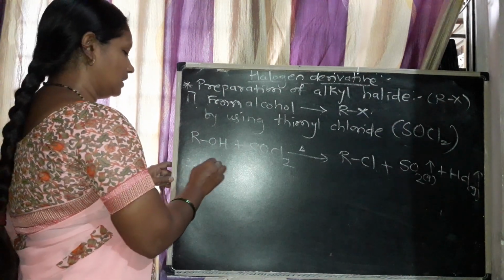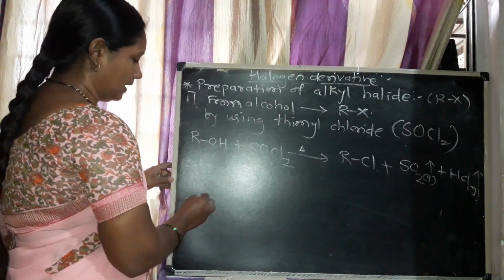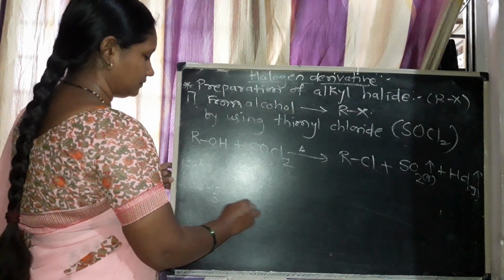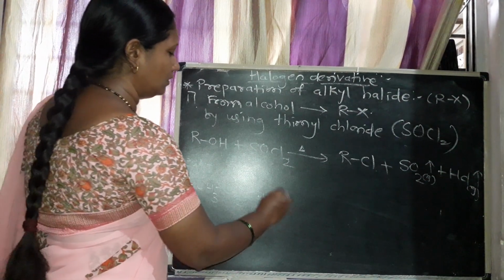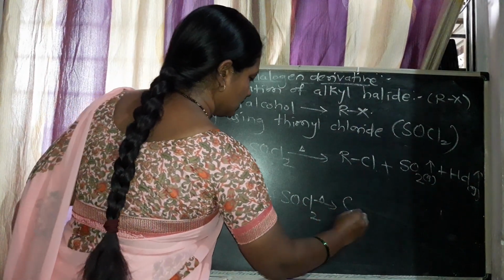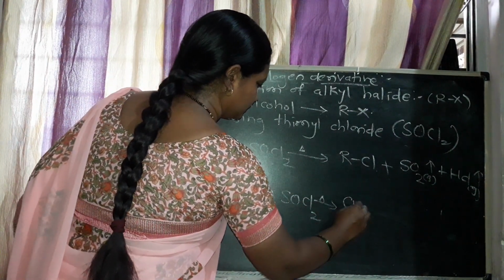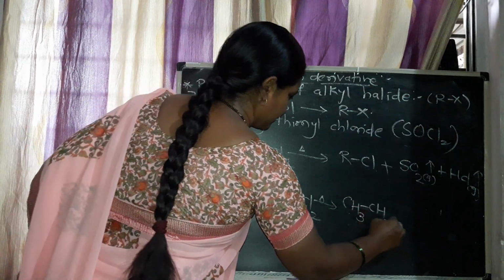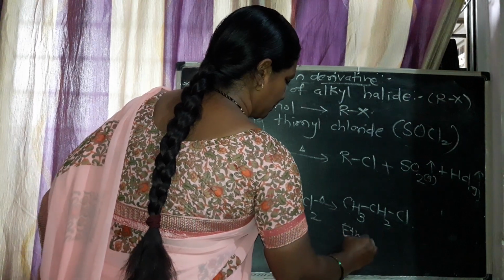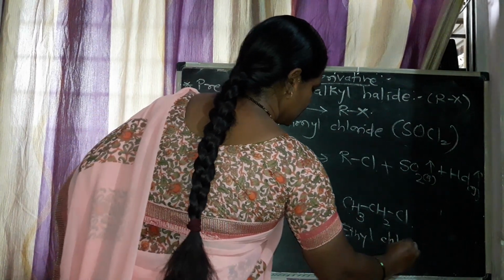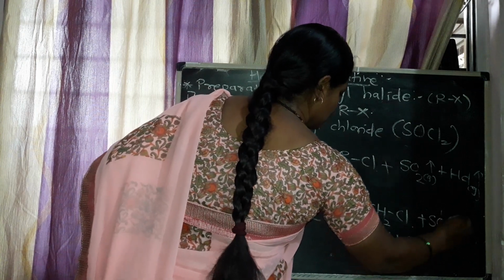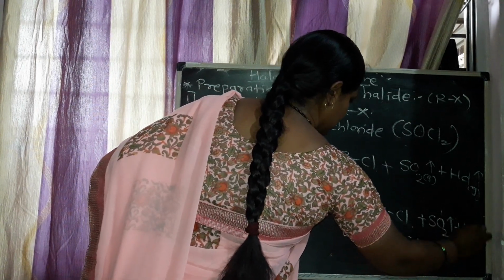Now the example, take any example like ethyl alcohol plus SOCl2. Then ethyl chloride is formed plus SO2 and HCl.